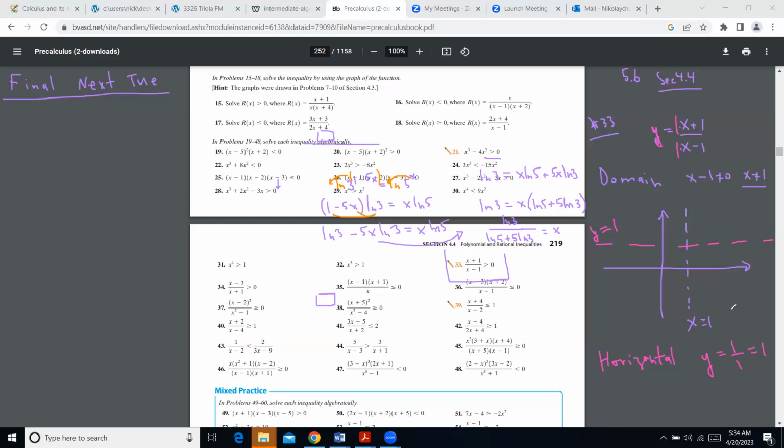And to be able to graph, I need to know some points, and the point that we always use is the intersection with the x-axis, the x-intercept, which is defined in such a way that you make y equal to 0. And when you make y equal to 0, it means that you're making the numerator only equal to 0.